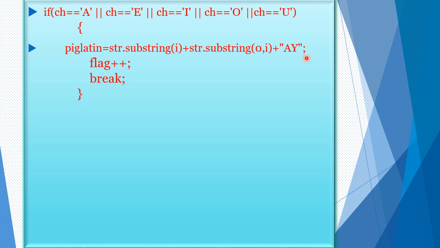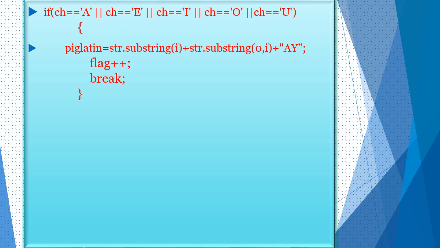Plus the string AY is added or concatenated at the end of the string. So this task is performed if any vowel is found in the string. The first vowel of the string becomes the start of the new word in Pig Latin.